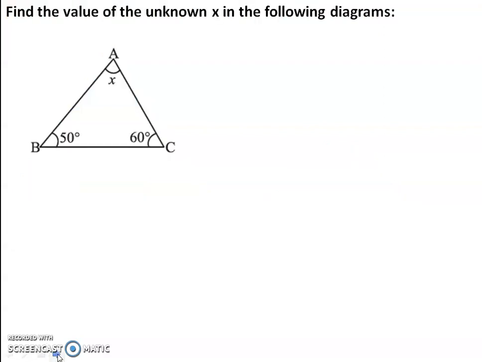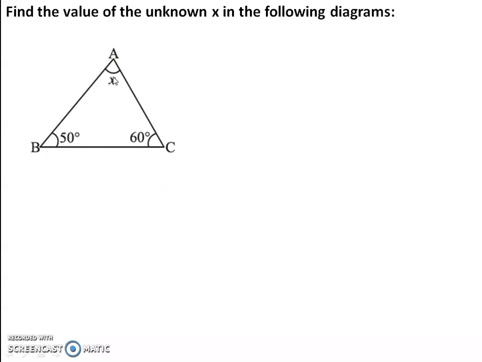Find the value of the unknown x in the following diagrams. So, what is the figure given to you? It's a triangle. A, B, C is a triangle.